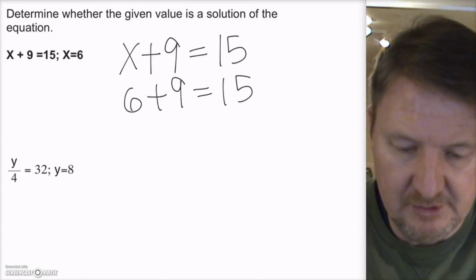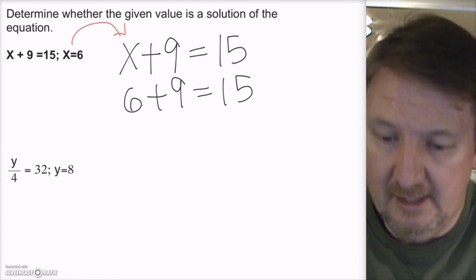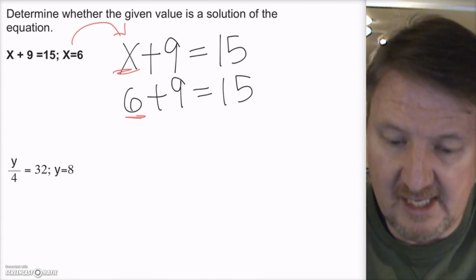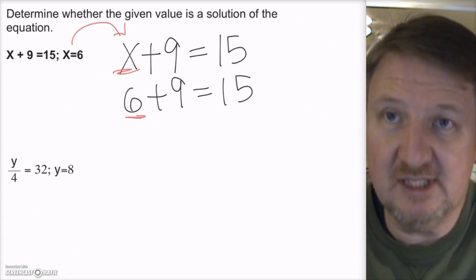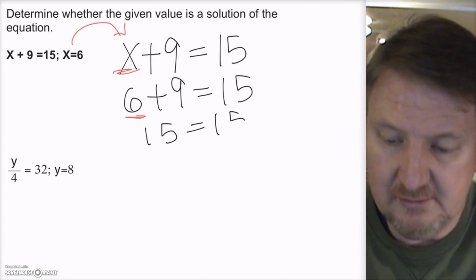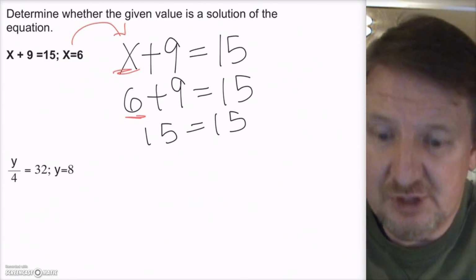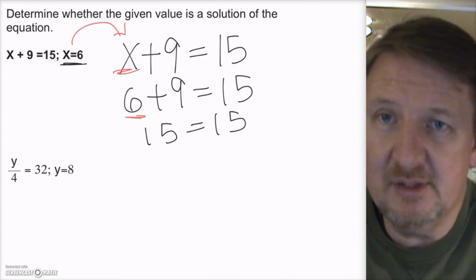I plugged in this 6 right here for x. So now 6 plus 9 is 15. 15 equals 15. So that's a true statement when x equals 6. If x equals anything else, it may not be a true statement.